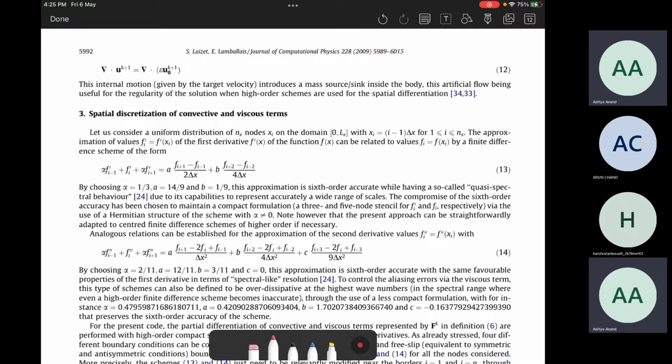Okay, so for the spatial discretization, as I've told you, it uses the sixth order scheme described in Sanjeeva Lele. As I told you, the beta was 0 there. So you have alpha, A, and B. C was also 0.